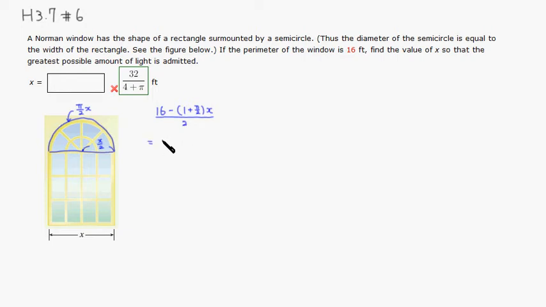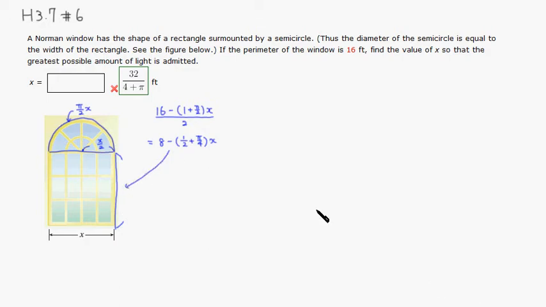So that would be 8 minus 1/2 plus pi over 4 x, right? So that's this side right here.